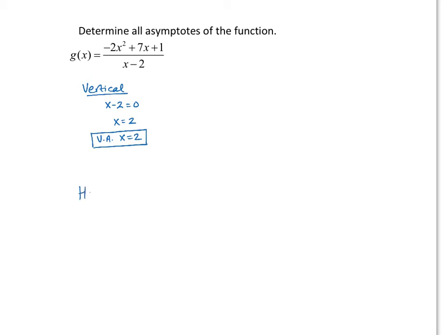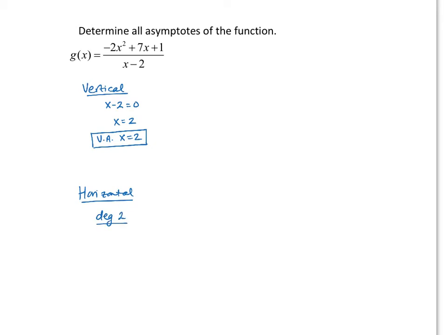So next, let's think about horizontal. The way that we find horizontal asymptotes is to look at the degree of the numerator and the degree of the denominator of the polynomials that make up our rational function. So the numerator of this function, so we're looking at the largest exponent, is a degree of 2.